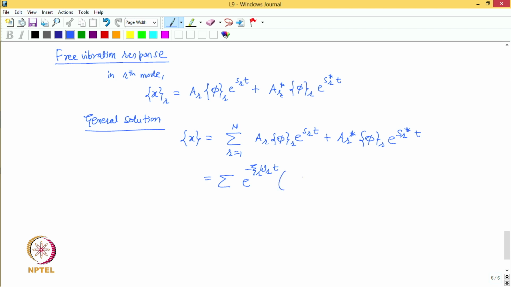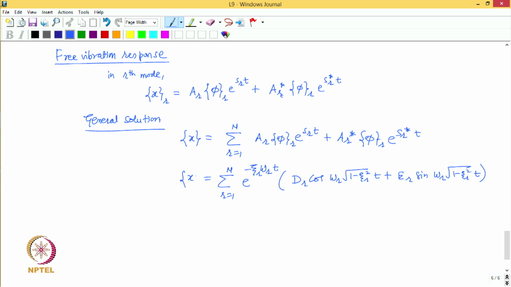e to the power minus zeta_r omega_r t, and some new arbitrary constants appear, say d_r into cos omega_r under root of 1 minus zeta_r square t plus e_r sin omega_r under root of 1 minus zeta_r square t, with r varying from 1 to n.